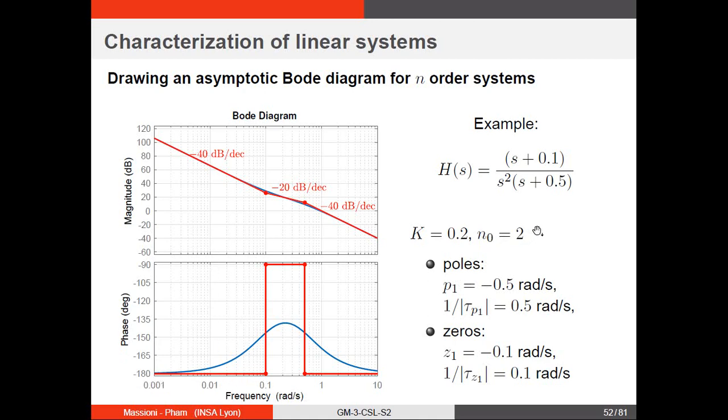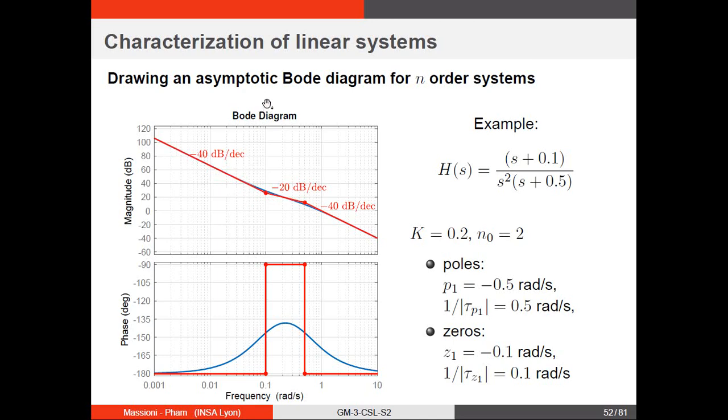Then the asymptote for the gain is 20 log 10 of 0.2 plus minus 40 log 10 of omega, and it is basically this line sloping down minus 40 decibels each decade.